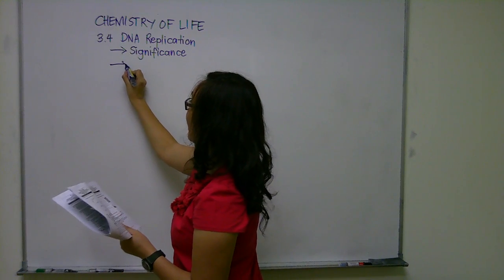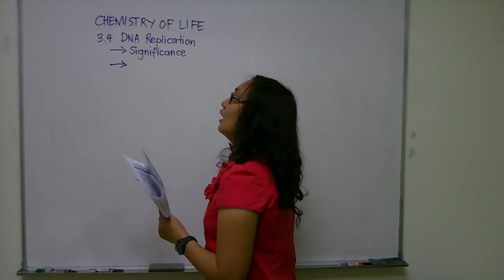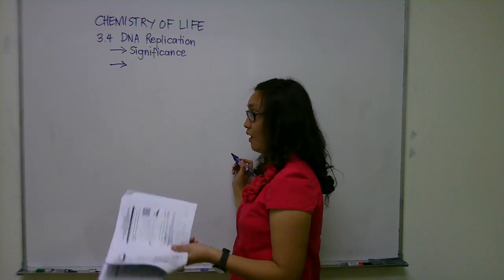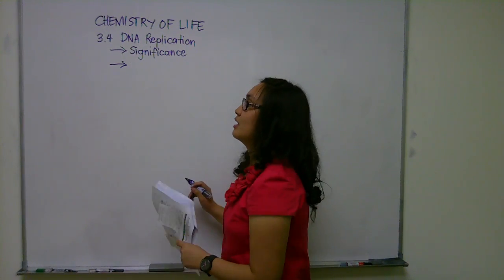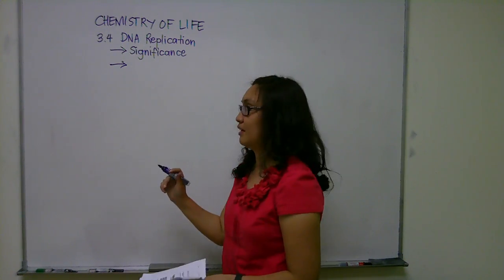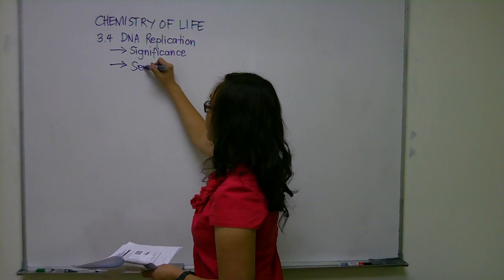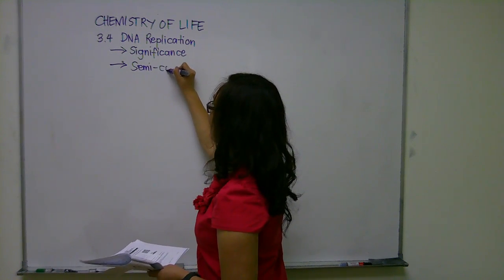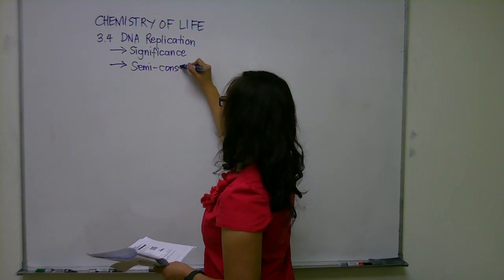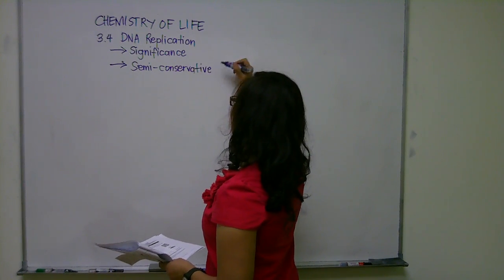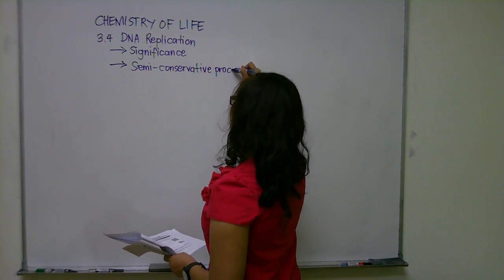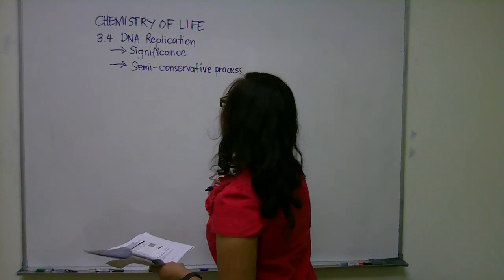So, as I have said a while ago in the previous video, the process of building the DNA is actually a semi-conservative process. There could be terms that are fairly new to students, so it's very important for them to be familiarized with this.